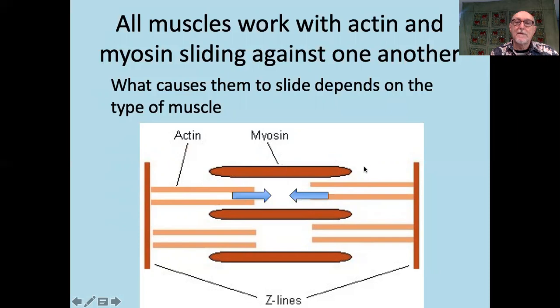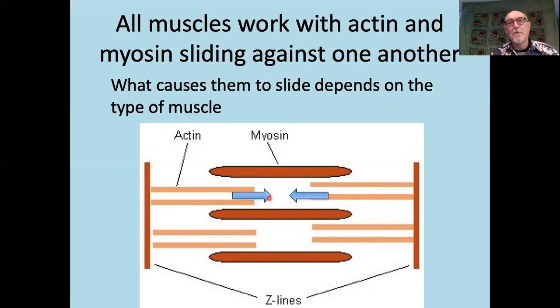And then there's this thick material here, which is called myosin. And these fibers can be pulled in. So I've got actin there, and I can pull them towards one another.